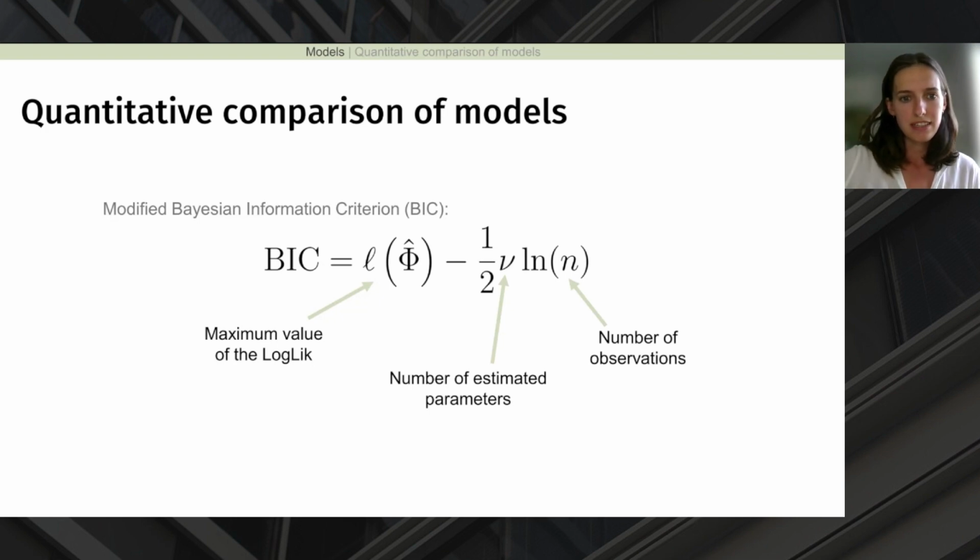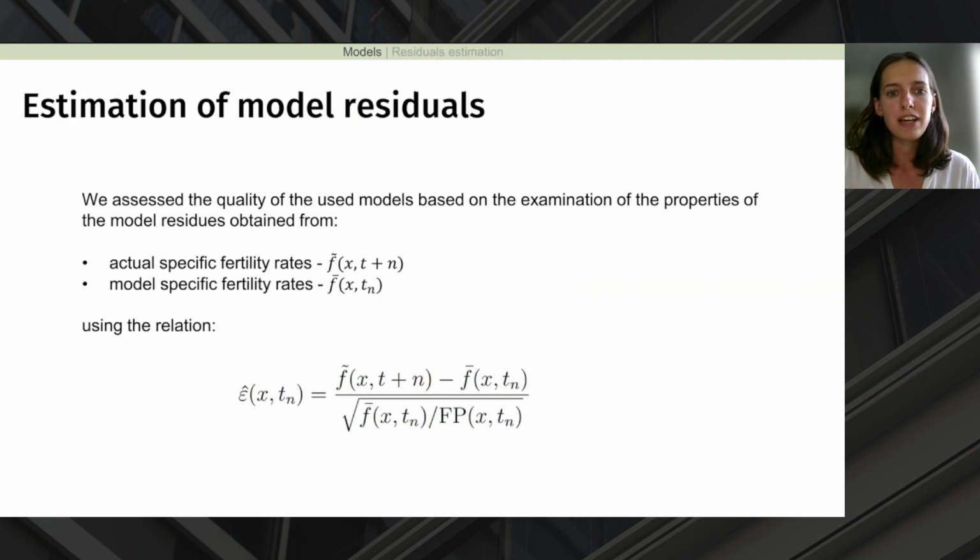To verify the quality of the used models, we estimated the residuals of these models, and the process involved dividing the time intervals into data windows, which were shifted by 1 year in subsequent calculations. The first step in each data window was the estimation of model parameters. Based on data from this data window, we estimated the model parameters using the method of maximizing the logarithm of the likelihood function.